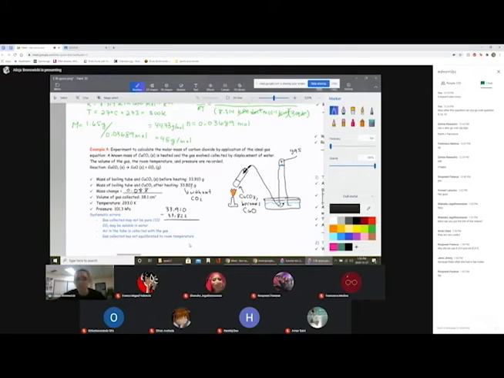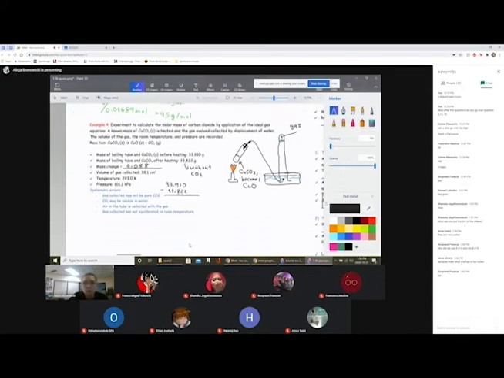Ugh, sig figs are going to be awful. So I have 3 decimal places. Now what I need to find is the molar mass, right?